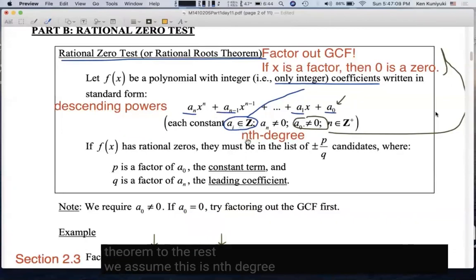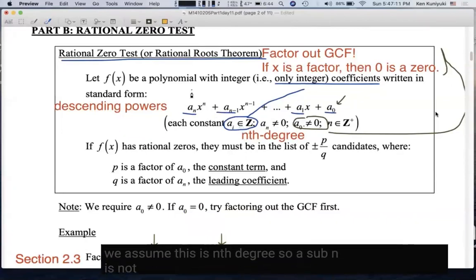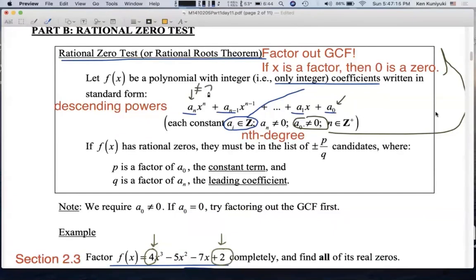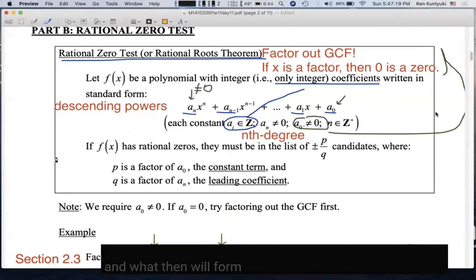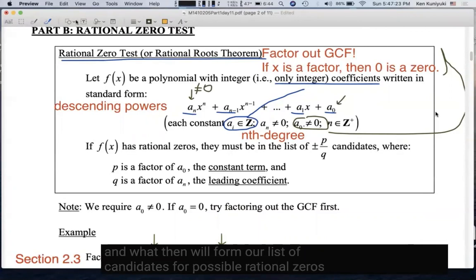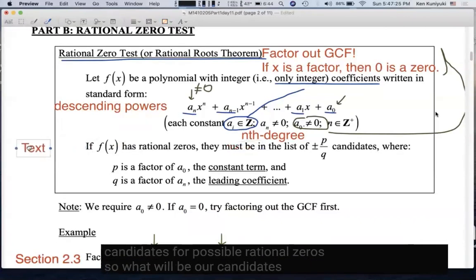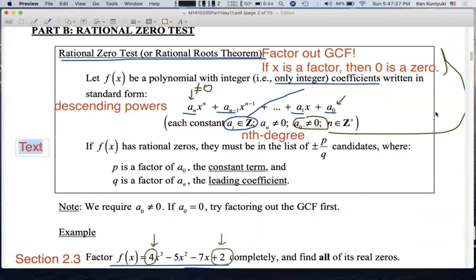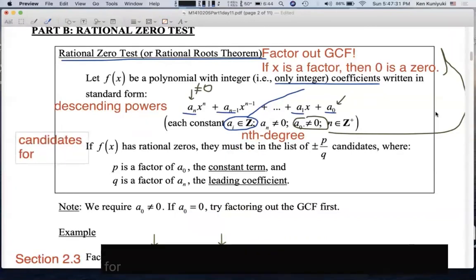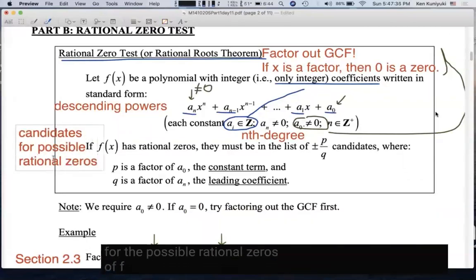We assume this is nth degree, so a sub n is not 0 here. And what then will form our list of candidates for possible rational zeros of f?